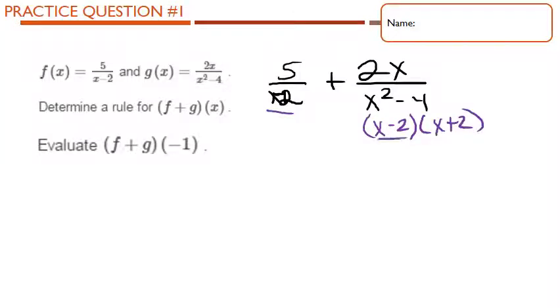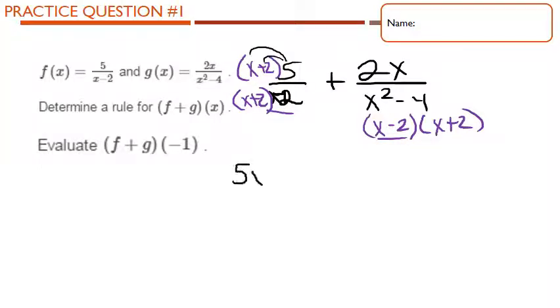Notice you'll have the x minus 2 in common. So you'll need to multiply by x plus 2 over x plus 2 on the other fraction so you get common denominators. All right, so once you do that, go ahead and distribute.